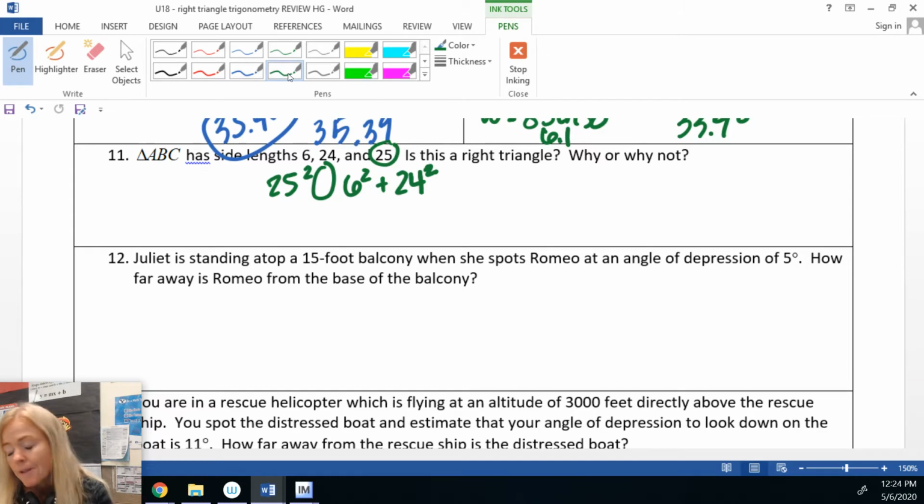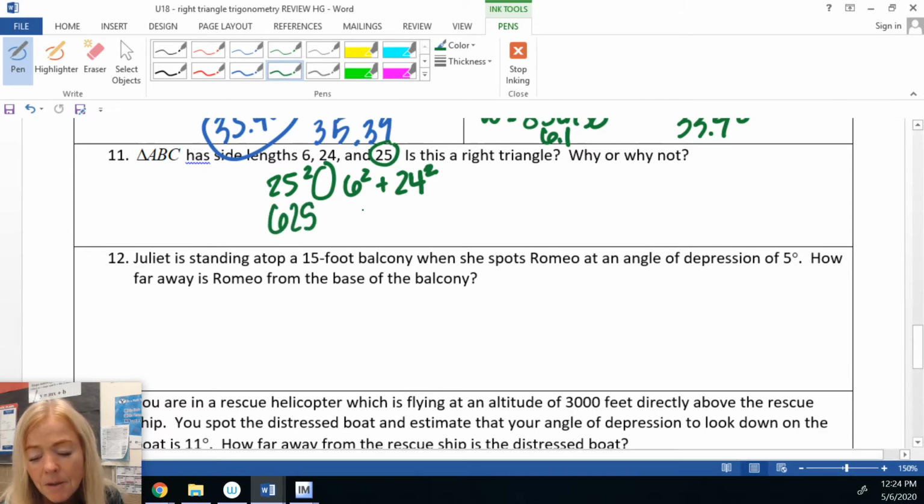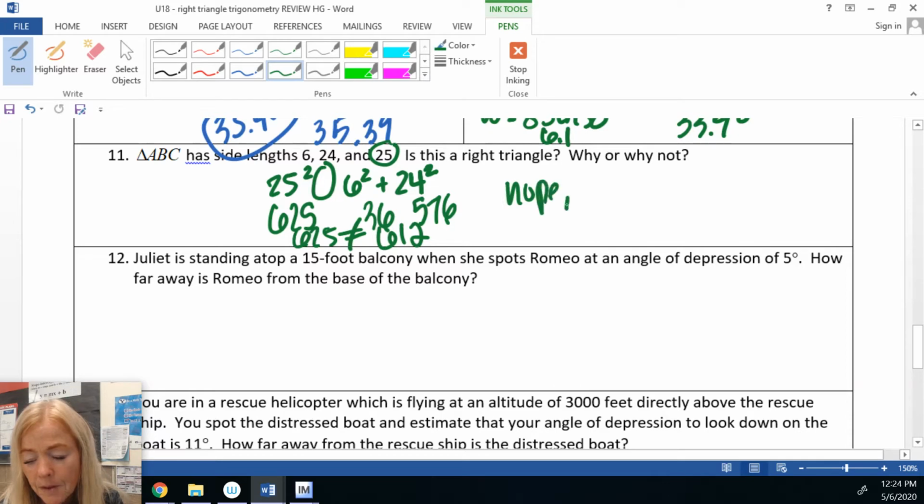If it's not, then it's not a right triangle. So 25 squared is 625, and then 6 squared is 36, 24 squared is 576, and 576 plus 36 is 612. And 625 is not equal to 612, so no, not right.